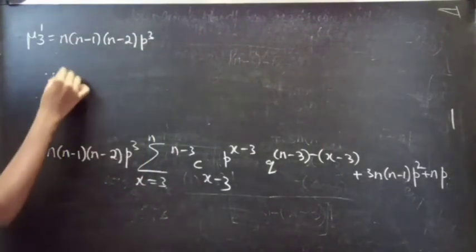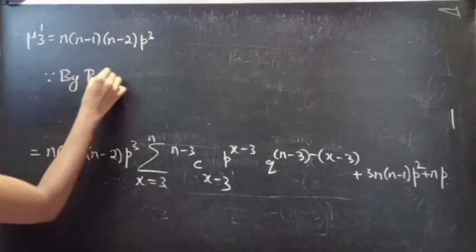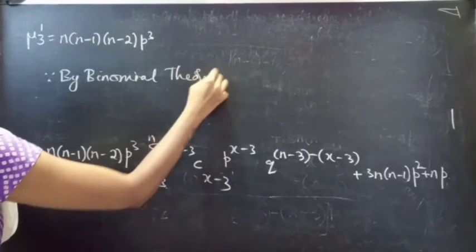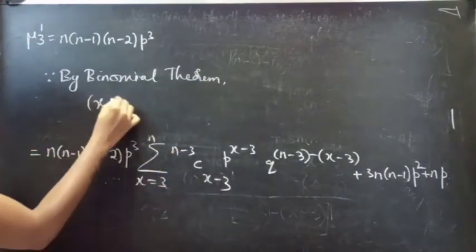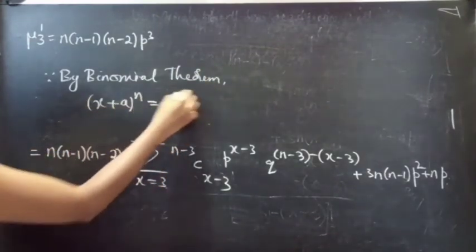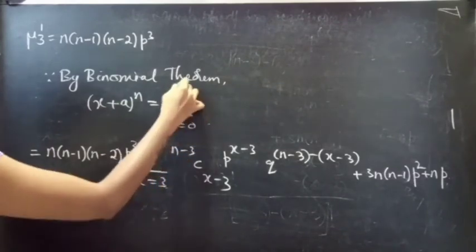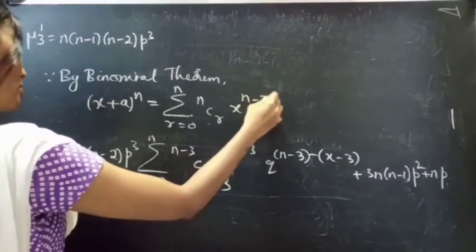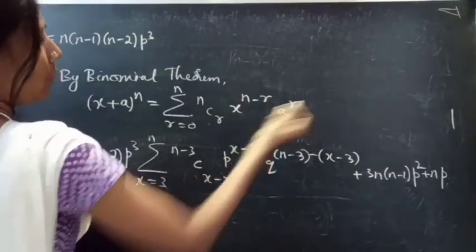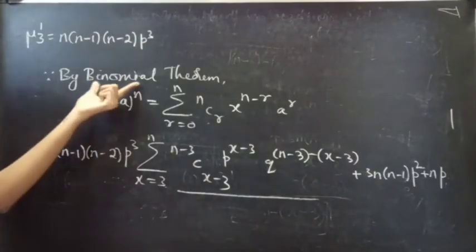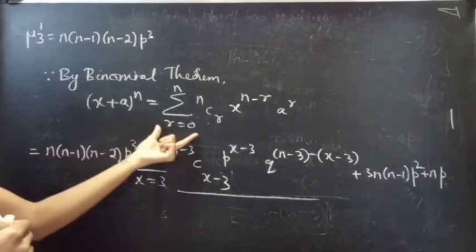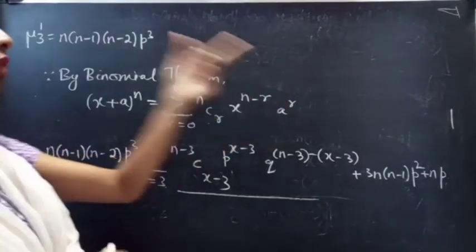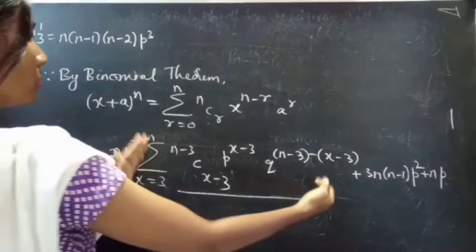Since we know that by binomial theorem, x plus a whole power n equals to summation r equals to 0 to n ncr into x power n minus r into a power r. So now compare this term with the formula.